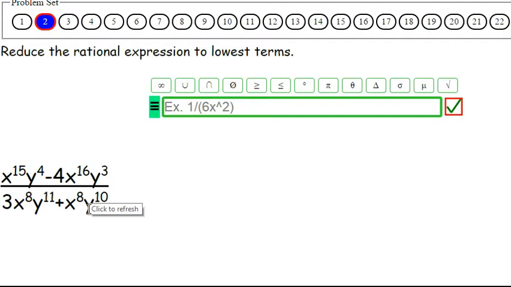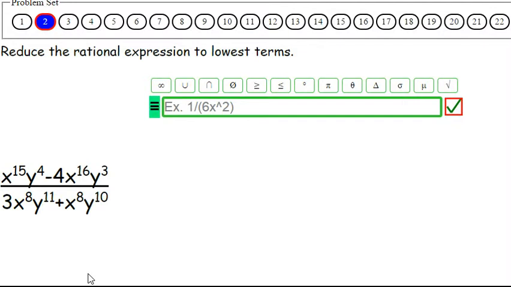Y to the 4th minus 4 x to the 16th, y to the 3rd over 3x to the 8th, y to the 11th plus x to the 8th, and y to the 10th.